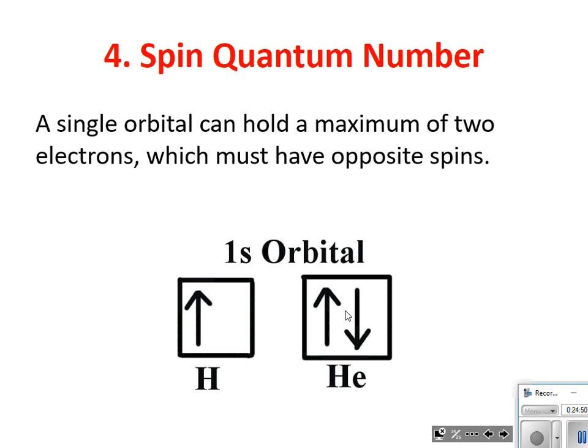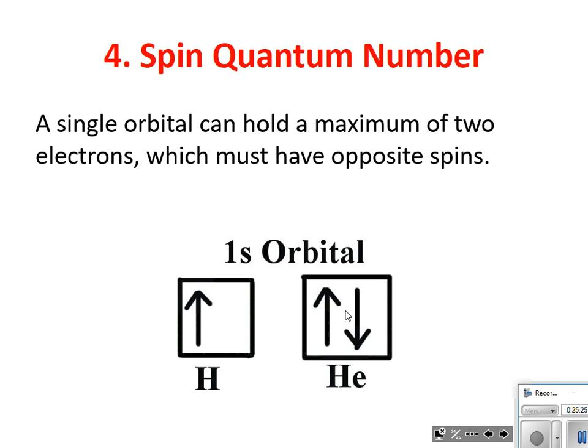Each orbital can hold how many electrons? 2. Now, let's do some thinking and make some sense of this. How many p orbitals are there? 3. Each orbital can hold how many electrons? 2. So, how many electrons can be on that p sublevel? 6. Let's go now to the d. How many orbitals are there on the d sublevel? 5. Each one holds 2 electrons.